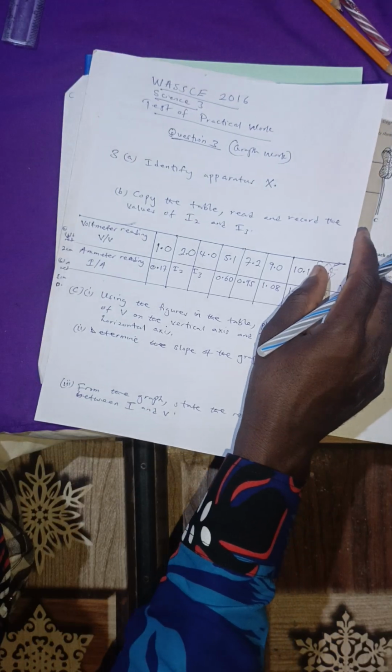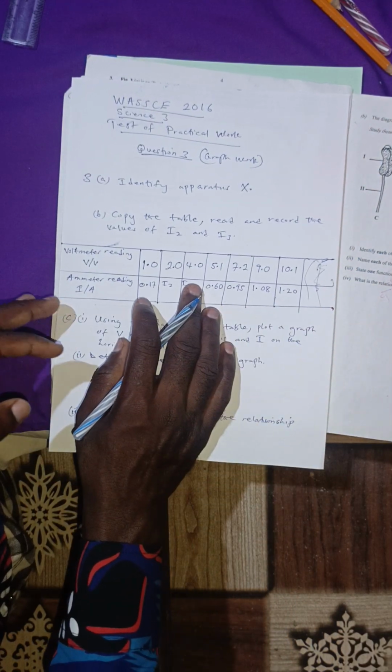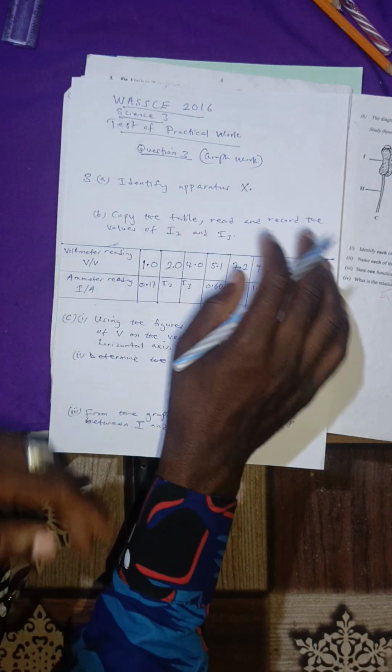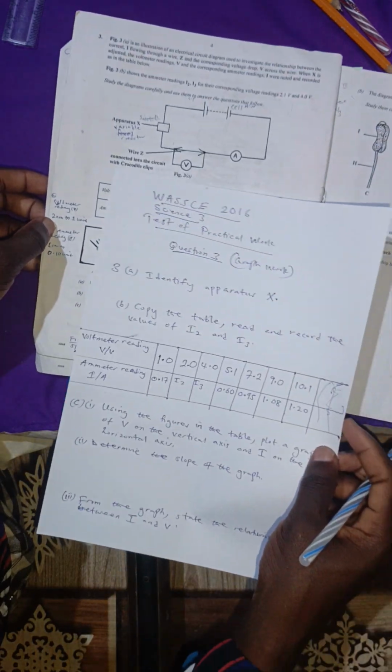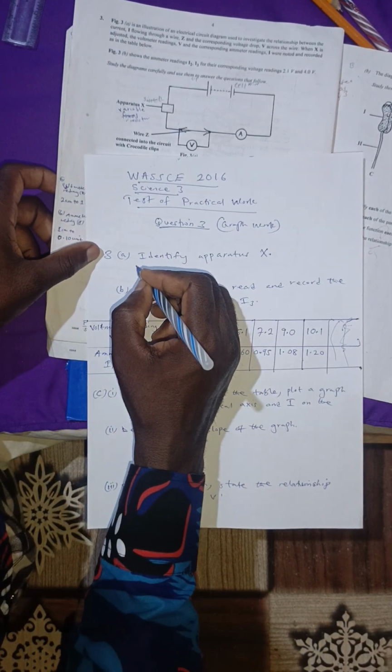Now we look at the question here. We have to put down our answers. Identify apparatus X. We write what? Variable resistor as our answer.